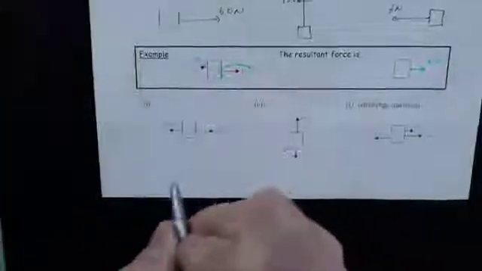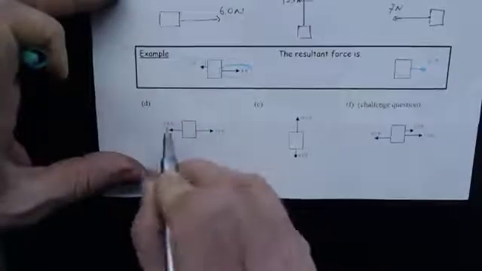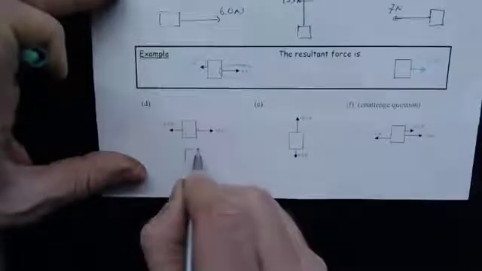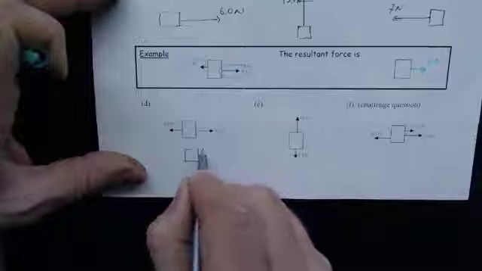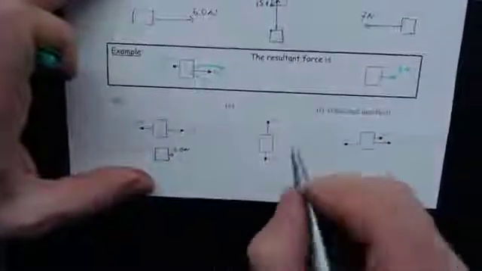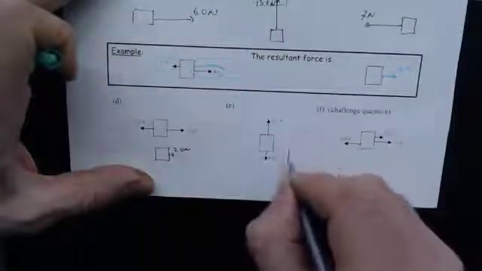7 newtons. Going to this, they are going in opposite directions. So I'm going to subtract them. 7 minus 5 is 2, and the winner is this one. 10 minus 6 is 4. I'll write it beside.